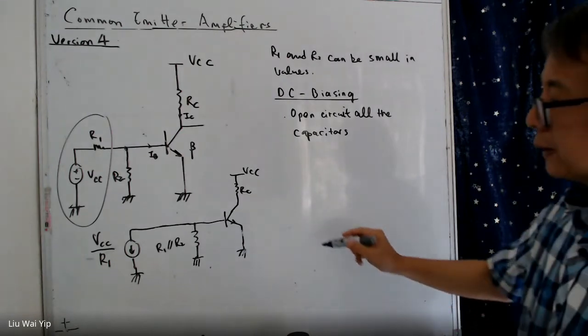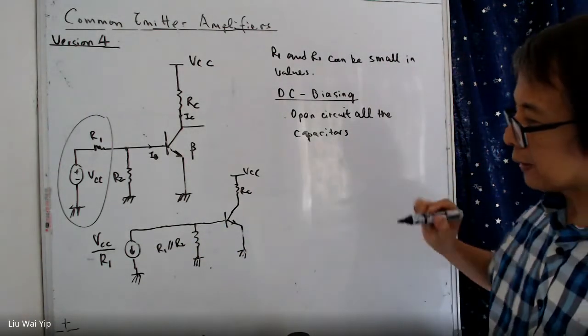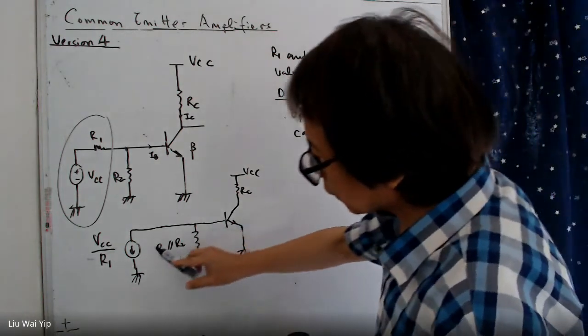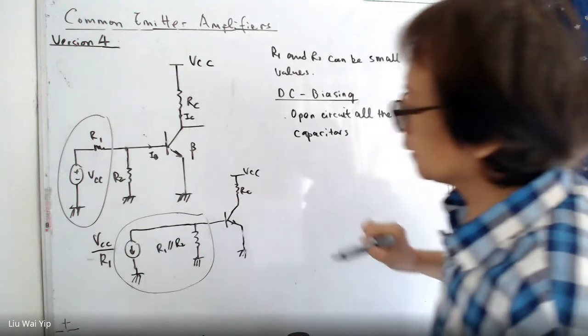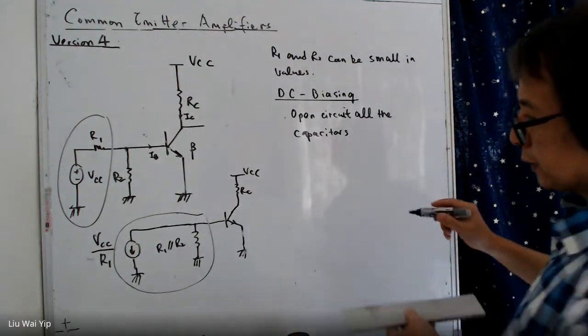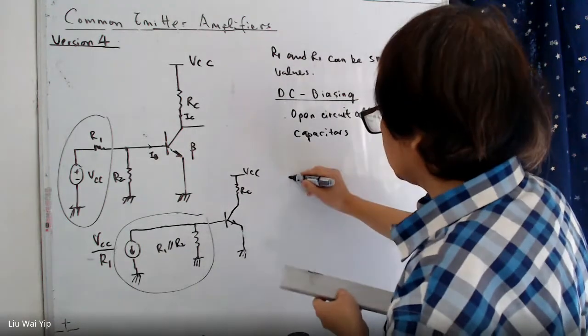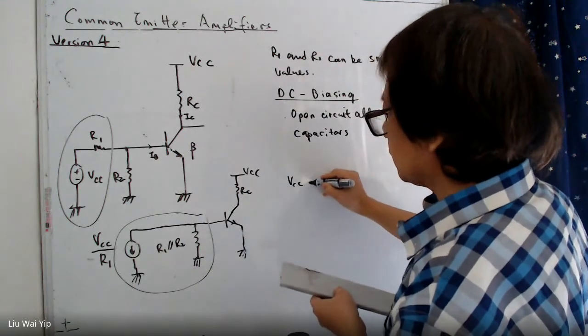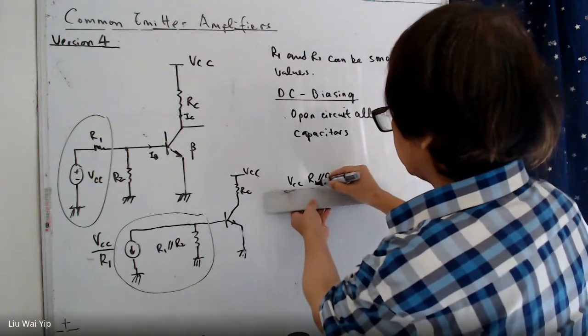And now we can further simplify this circuit by converting this part into Thevenin equivalence. So this one multiplied by this one, VCC or R1, R2.